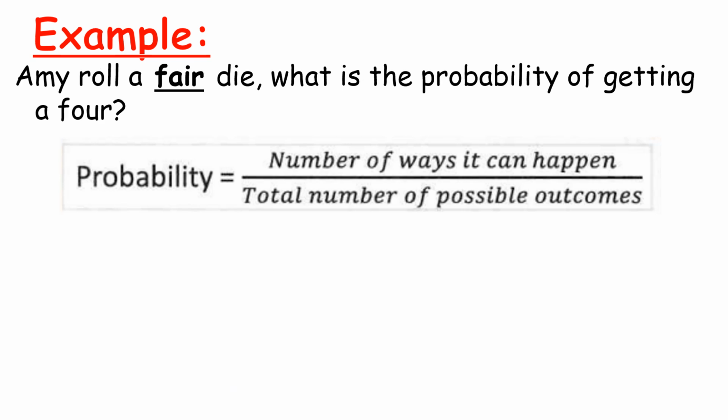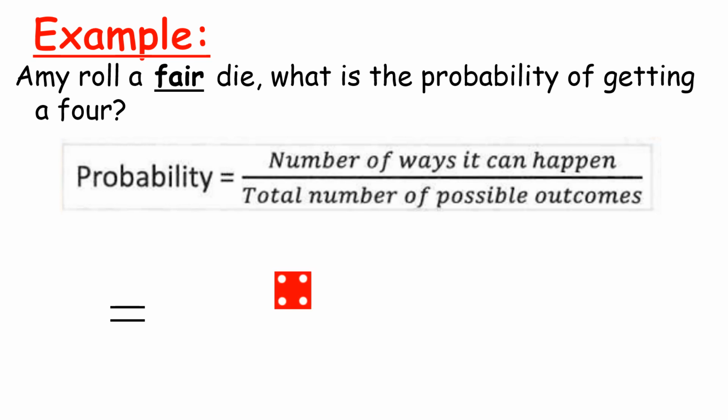So let's talk about a die. Amy rolls a fair die. What's the probability of getting a 4? A very common wrong answer here is 4 and 6. So be careful, it is not 4 and 6. Let's figure this through. How many different ways can it happen? How many 4s appear on a die? There's only one.